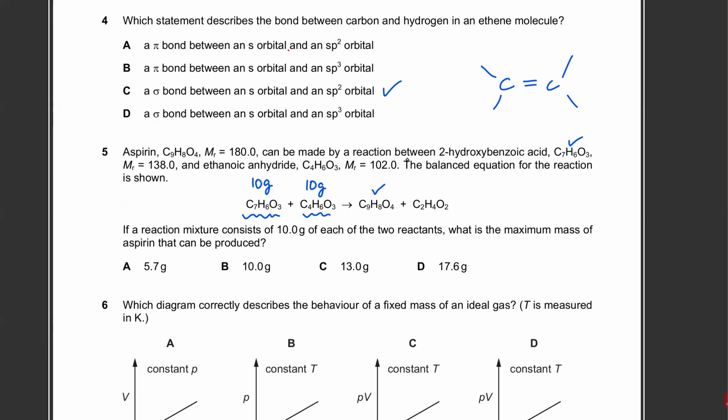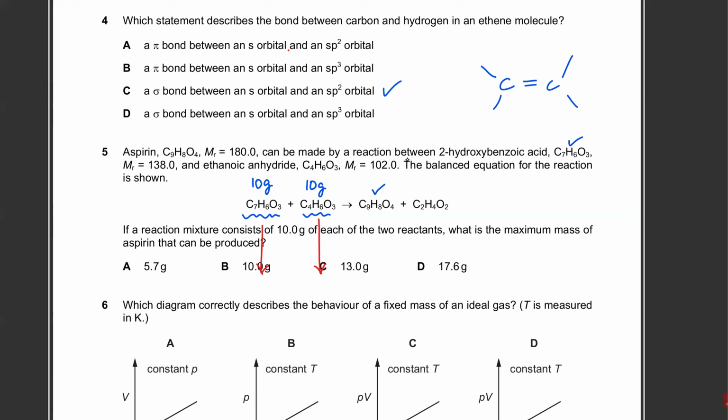So we have to find the number of moles of each, and one of them is in excess. So I need my calculator. Okay, I got my calculator.